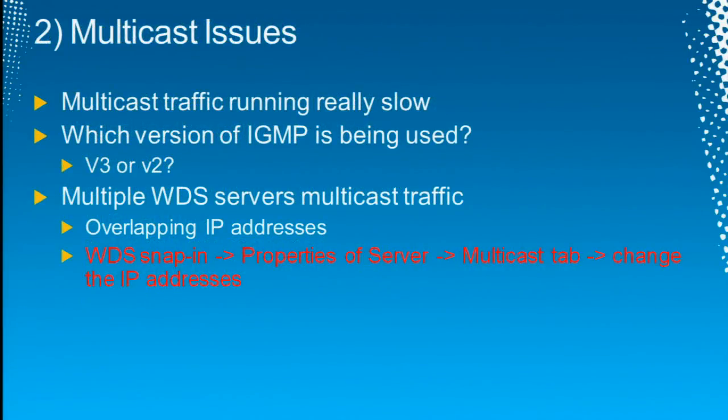Now we're getting down to the bottom of the barrel here. Multicast issues. How many of you guys are running multicast? Not that many. I'd say about 25 people. I want to give you a little information on multicast. With Server 2008, multicast was brand new to WDS.